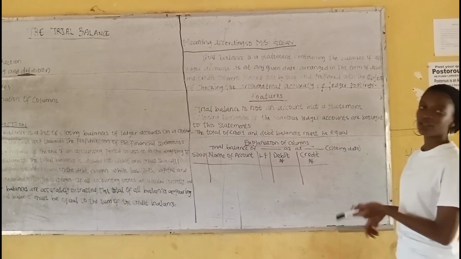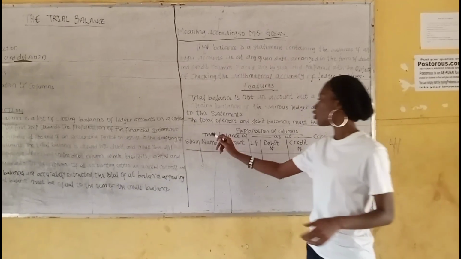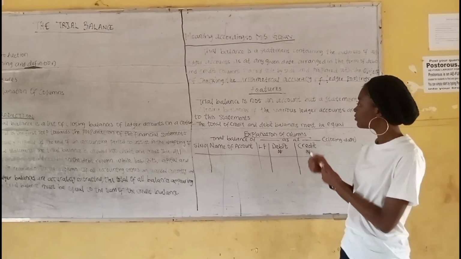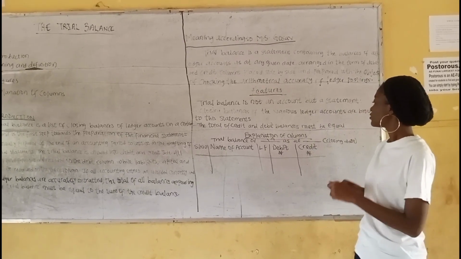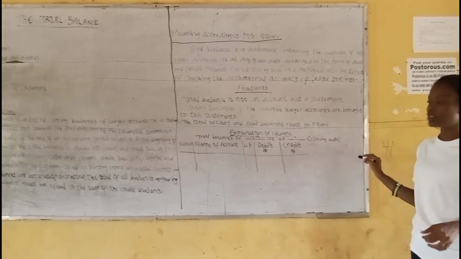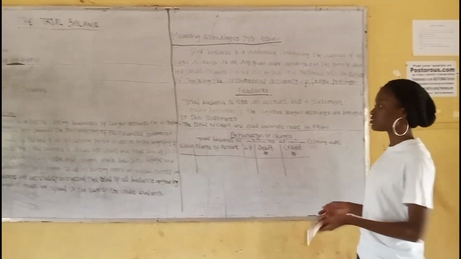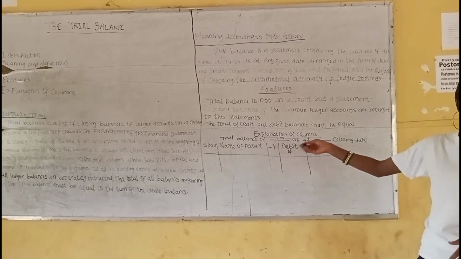So now I'll be explaining the columns. We have the trial balance of the name of the person as at the closing date, whatever date the financial statement is being closed. We have the serial number, which is optional. The name of the account is also known as particulars.